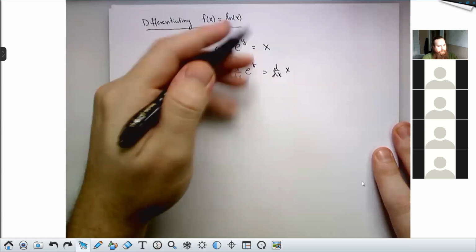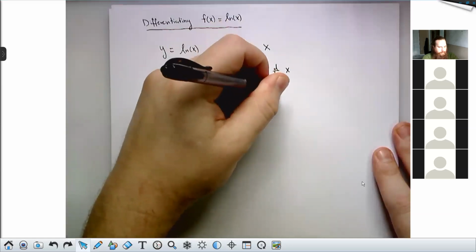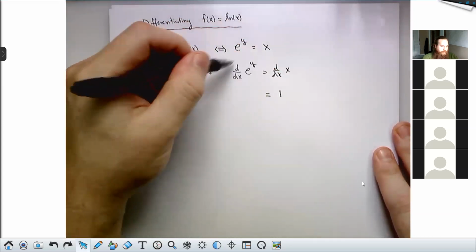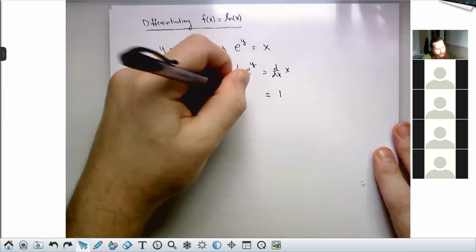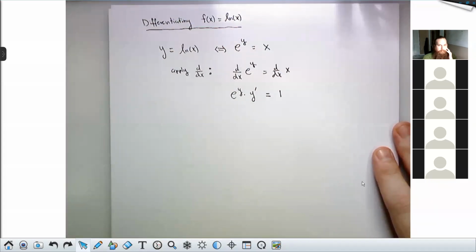On the right-hand side, the derivative of x taken with respect to x is 1. And on the left-hand side, I differentiate implicitly. I get e to the y times y prime.